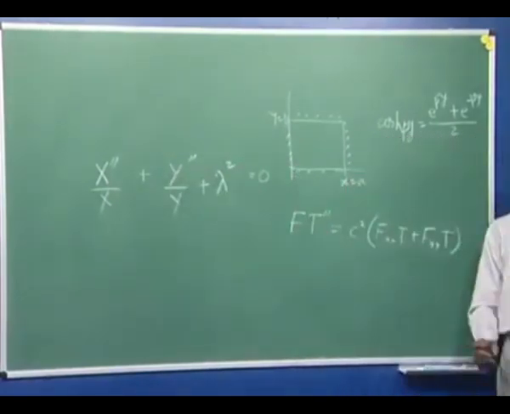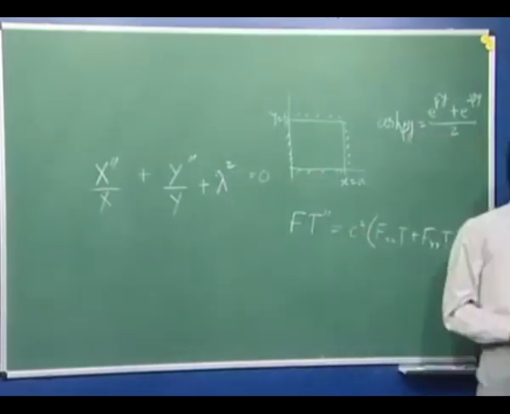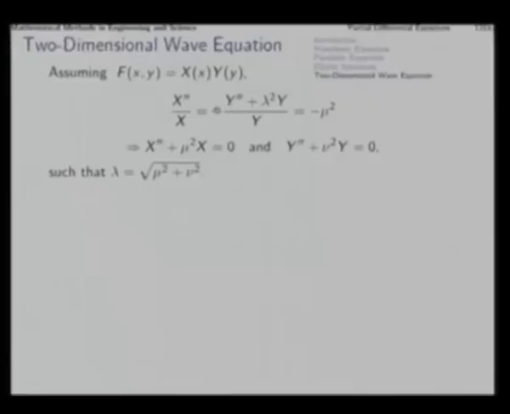Suppose we take both of these terms on the other side of the equation, and then we will get this entire term, minus (Y double prime plus lambda square Y) by Y. So, this whole thing depends only on the y component, and this depends only on the x component.